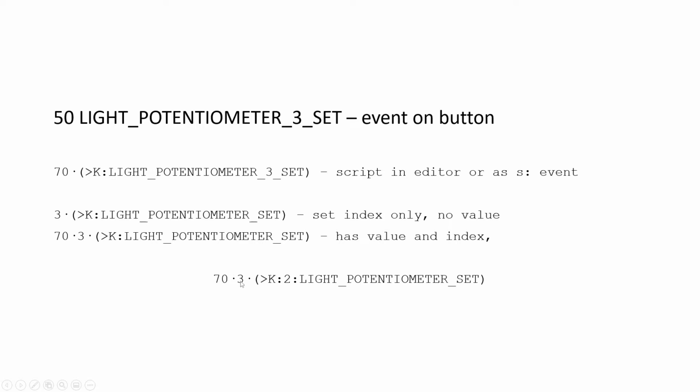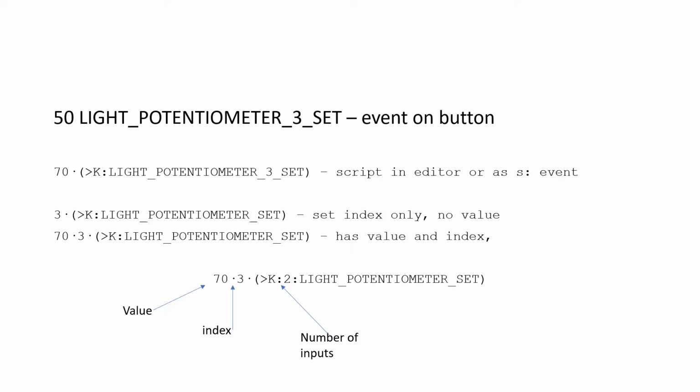So we'd send a 70 to number 3, and it would check that there are 2. So they're the various different versions that we've got of this. That's the value, that's the index, and that's the number of inputs. And we must remember to set that each time. Okay, so what's next?